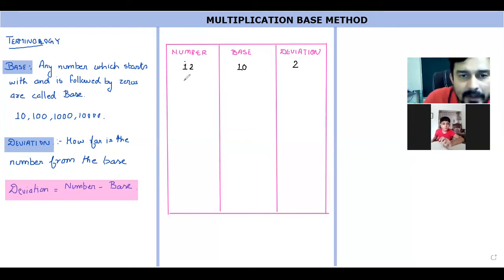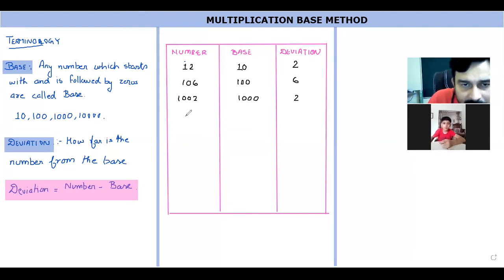If the number is 106, what is its base? 100. And deviation is 6. If the number is 1002, the base is 1000 and the deviation is 2.